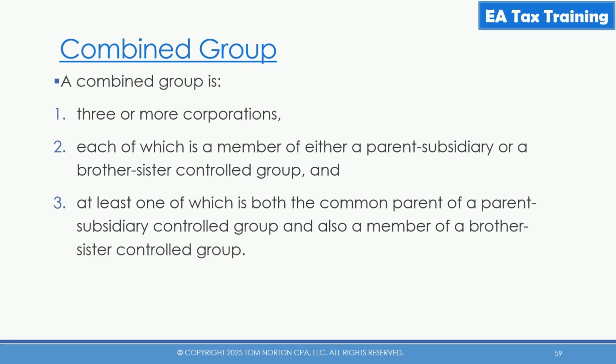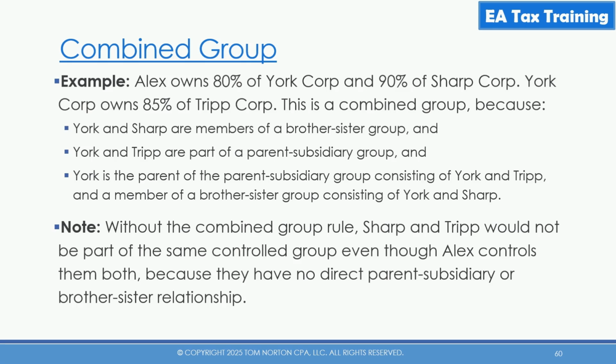So those are the rules. You will want to remember those rules, and let us look at an example. Alex owns 80% of York Corp and 90% of Sharp Corp. York Corp owns 85% of Trip Corp. This is a combined group because York and Sharp are members of a brother-sister group, and York and Trip are members of a parent subsidiary group.